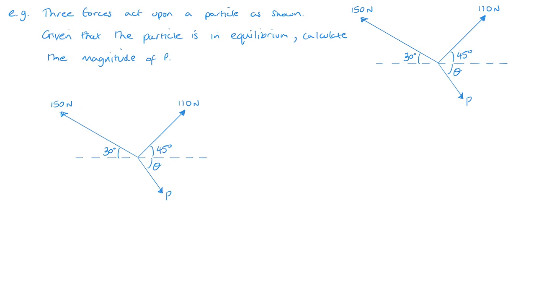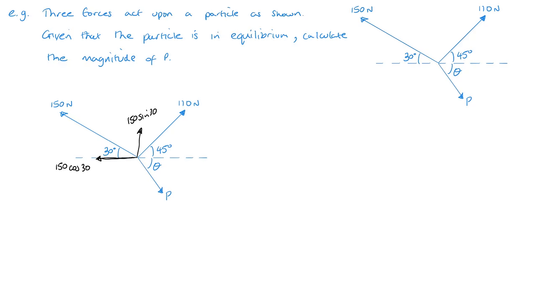So let's first split this 150 up. So we've got this going to the right, and it's 150 cos 30 degrees, and then up 150 sine 30 degrees.